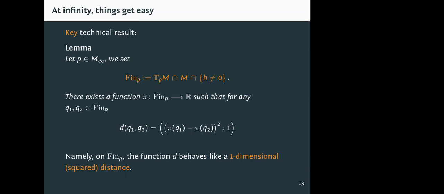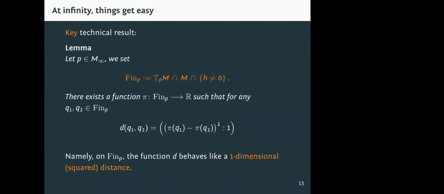And I would like now to tell you the main technical result that we will be using. If we pick a point P which lies at infinity, we define this set of finite points of P, fin P, which is defined as the tangent space at P, intersected with M and intersecting where H is not 0.